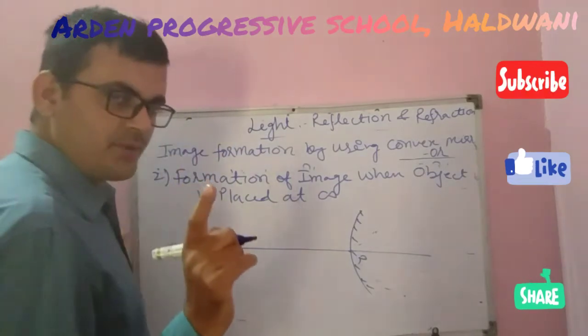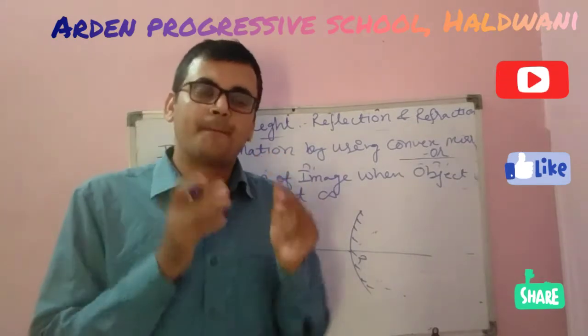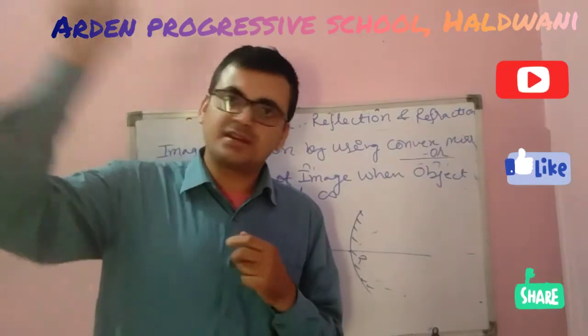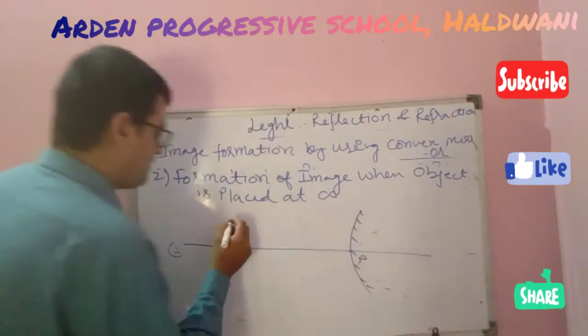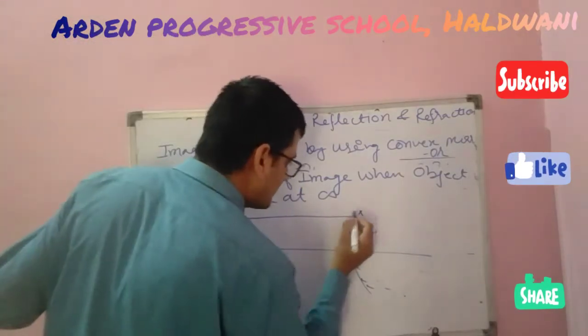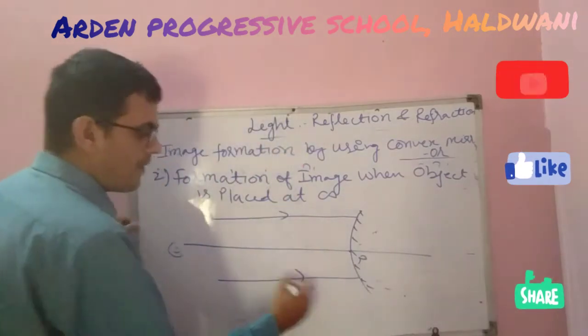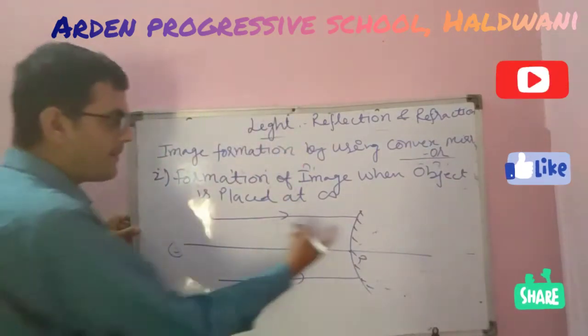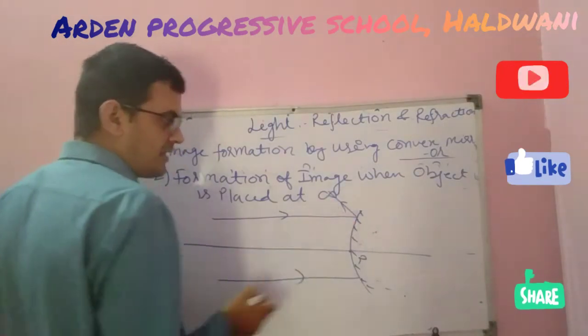We have placed the object at infinity. You know that whenever any object is placed at infinity, rays always come parallel, like the sun. The sun is at infinity and rays are coming parallel, like this. What will happen? When it strikes at this point, it will be reflected like this.